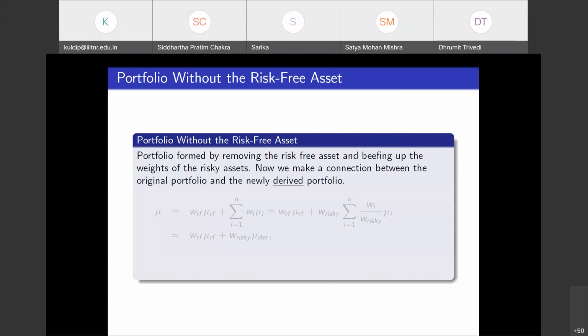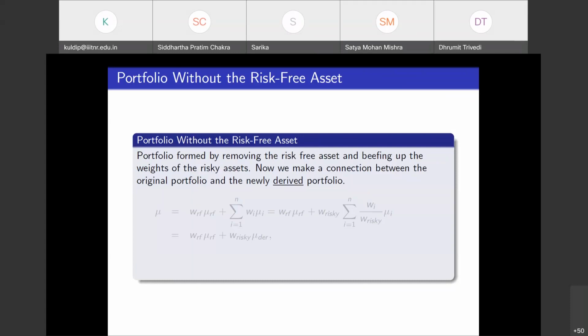So what I'm doing here is two things. First of all, when I started this discussion on Kaplan, I assumed I had already included the risk-free asset. Now suppose 20% of my money was put in the risk-free asset and 80% was put in the risky asset.